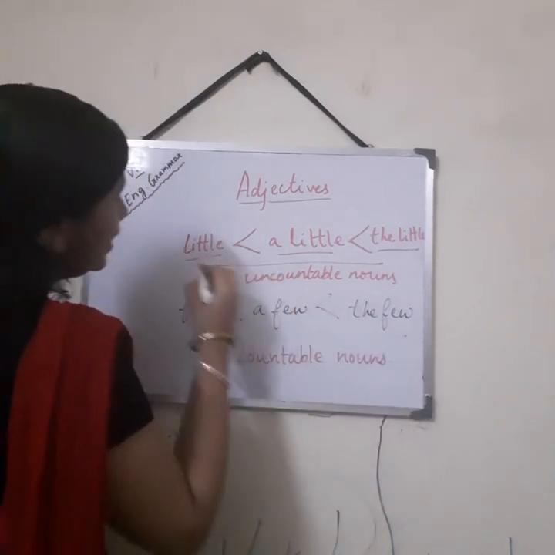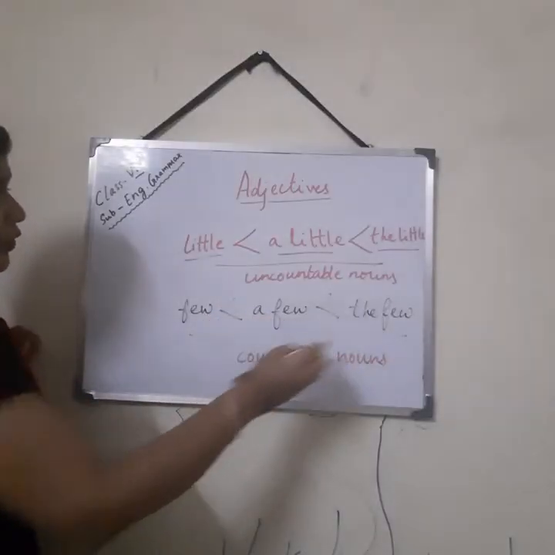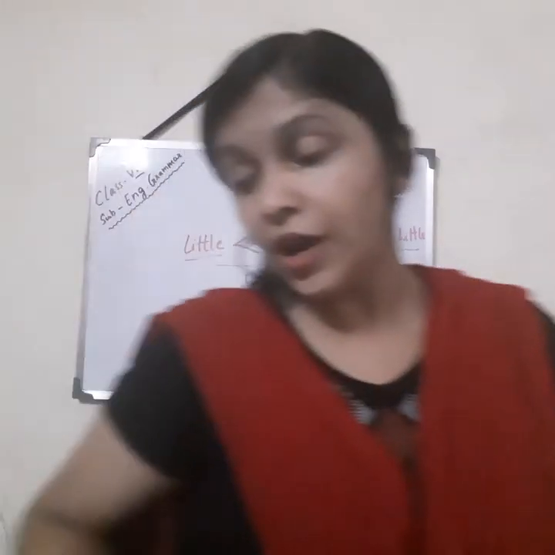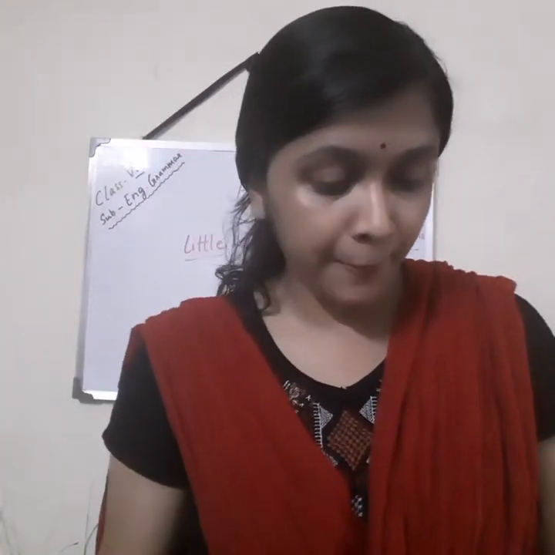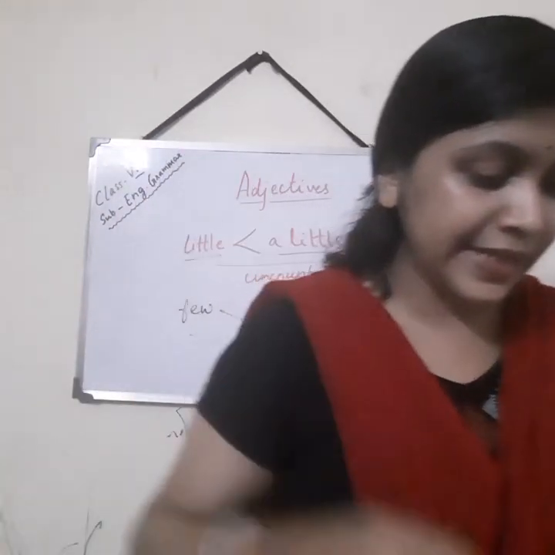So little, a little, the little, few, a few, the few. The first group is used for uncountable nouns and few is used for countable nouns. Okay, so let us do the exercises.